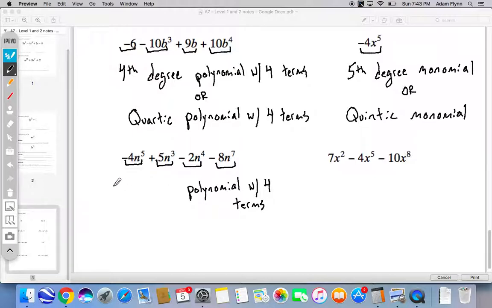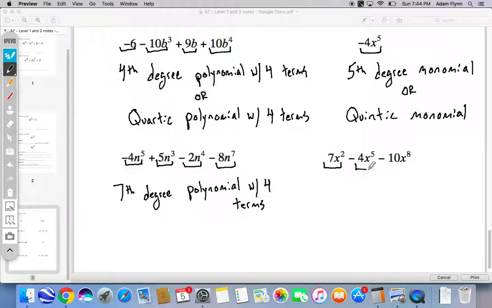So we will just call it a 7th degree polynomial with 4 terms. Once we get to 5, that's our last special word to describe the degree of a polynomial. So if we had 6 as our highest degree, it would be a 6th degree polynomial with however many terms. Similarly, if we had a degree of 100, it would be the 100th degree polynomial with however many terms.